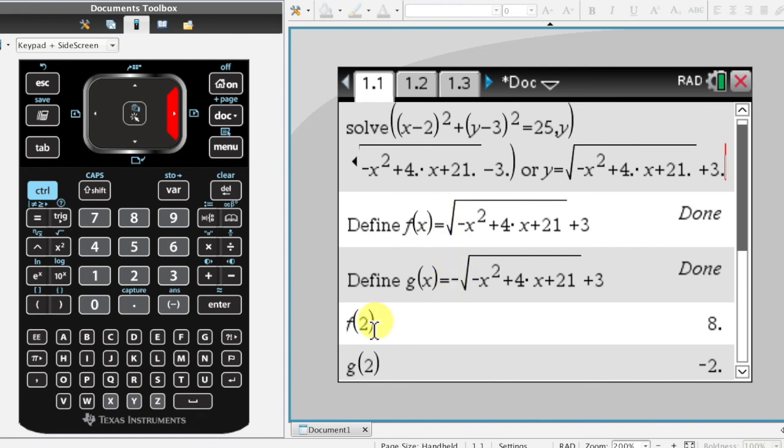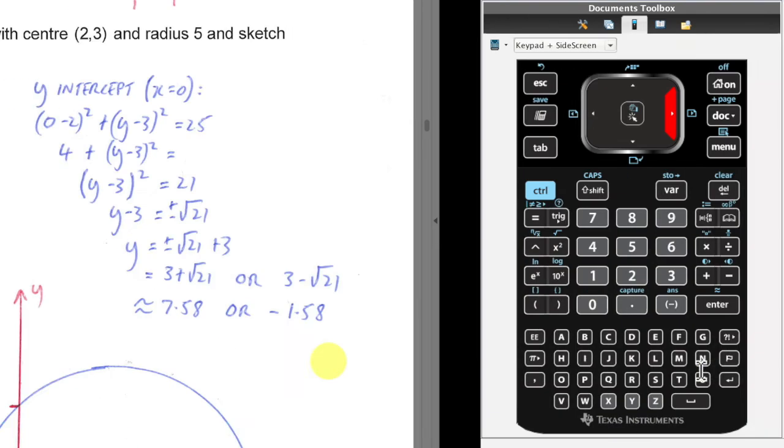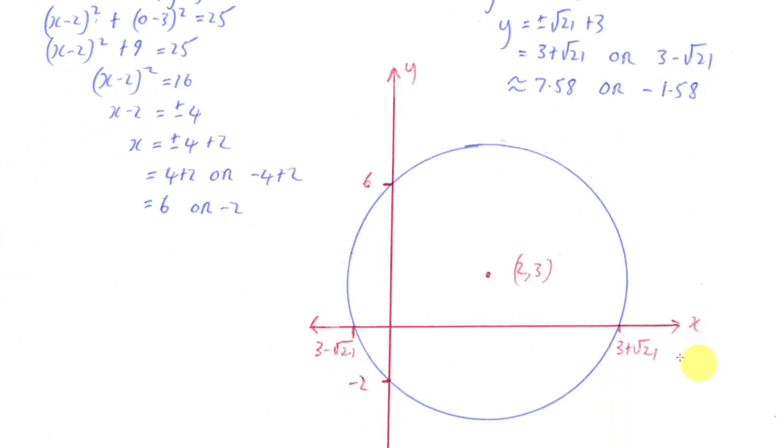Now, to work out the highest and lowest values that we can have for our circle, I'm going to use f of 2 and g of 2. The reason being is that the value of x at the center of the circle is 2. So f of 2 will give us the highest value, and g of 2 will give us the lowest value. If we go and take a look here, substitute 2 into f of x.